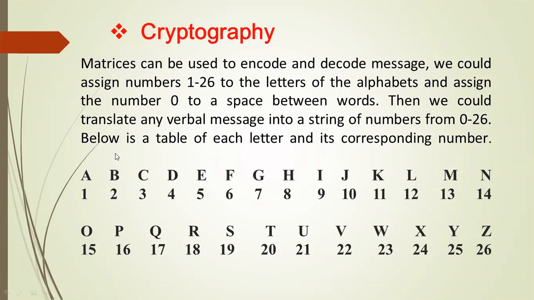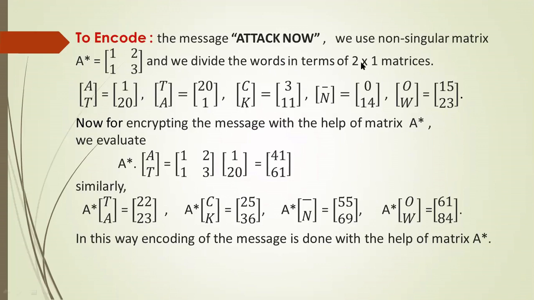Below is a table of each letter and its corresponding number: 1 is for A, 2 is for B, 3 is for C, and so on up to Z, and 0 is a space.